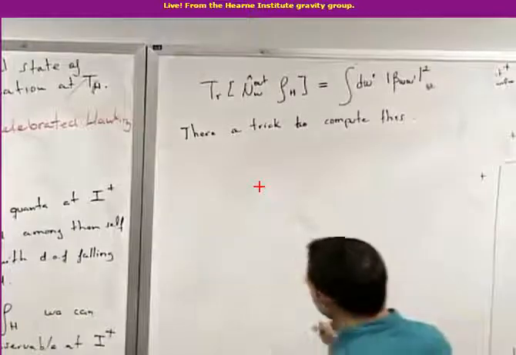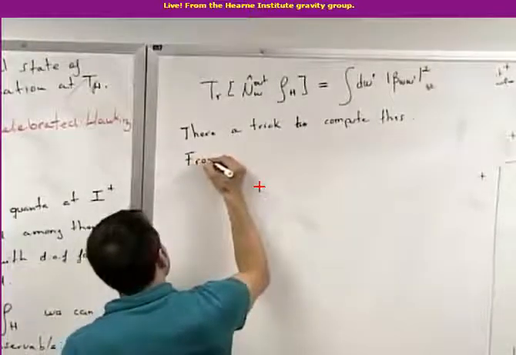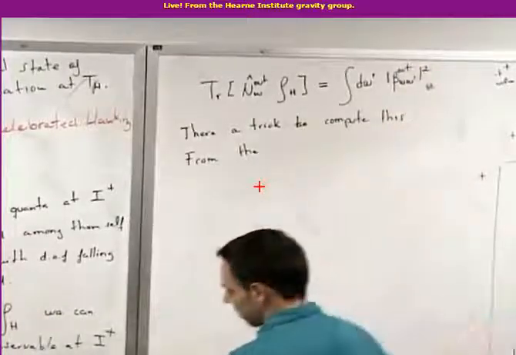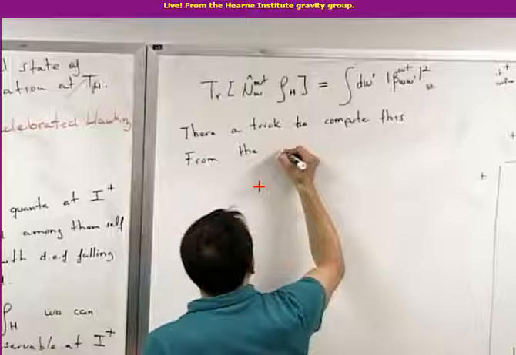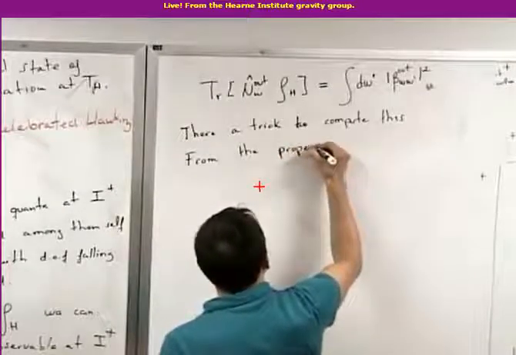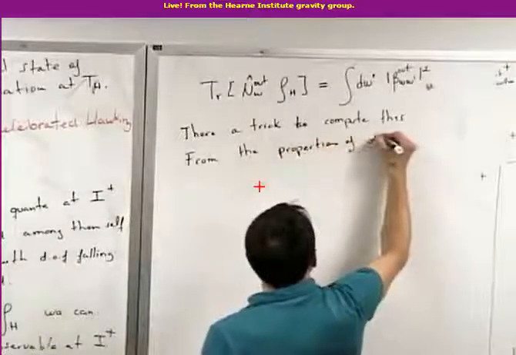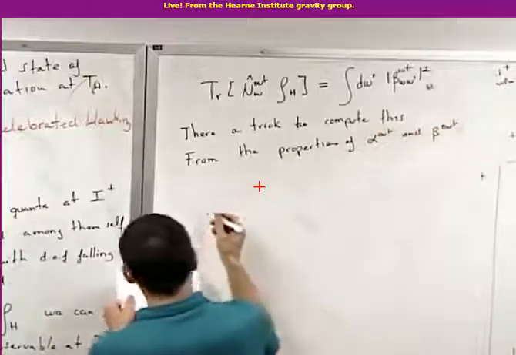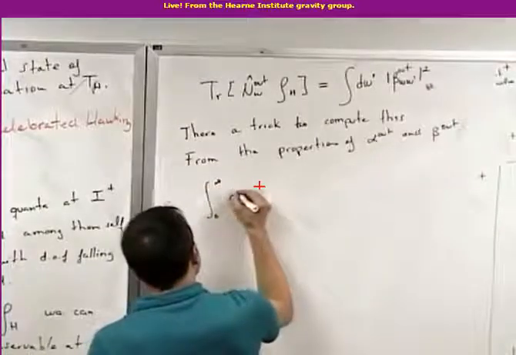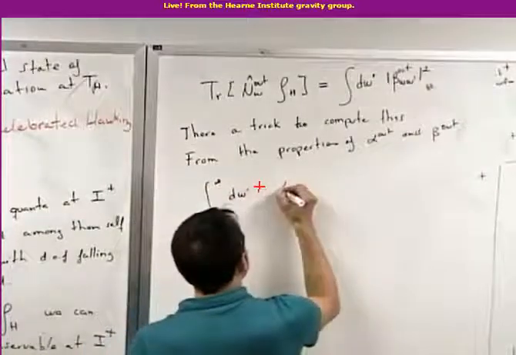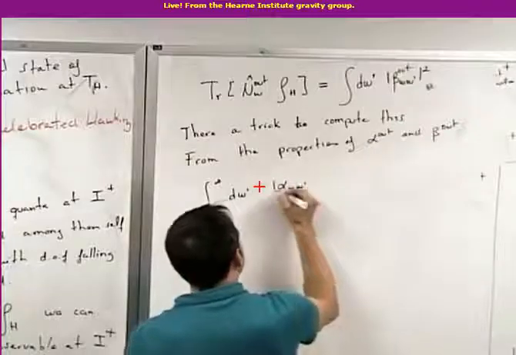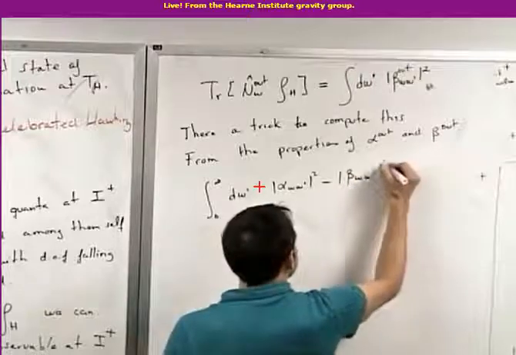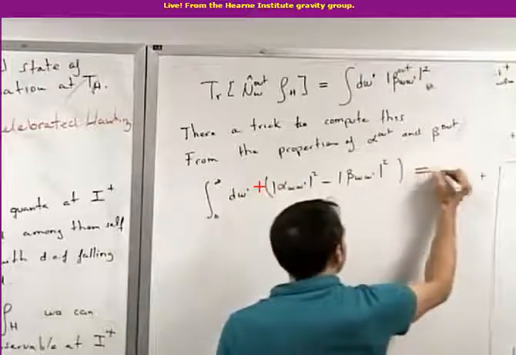The trick is the following. First, from the properties of alpha and beta, we know that this must be equal to 1.